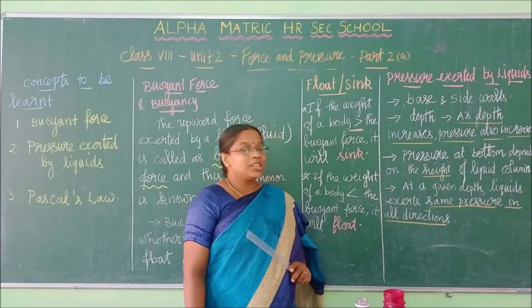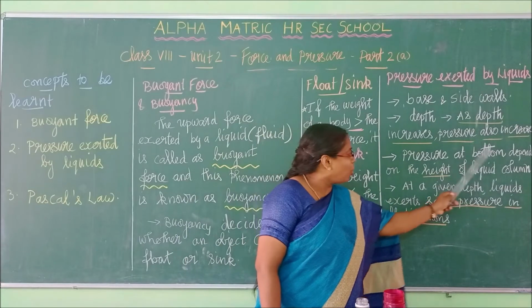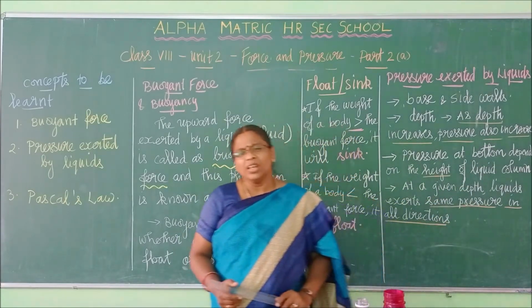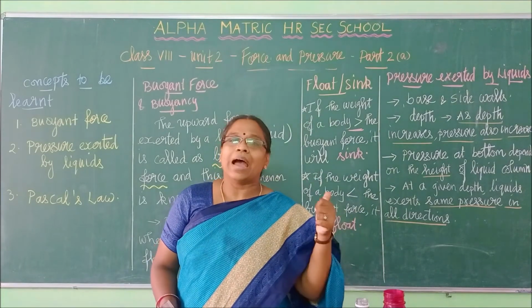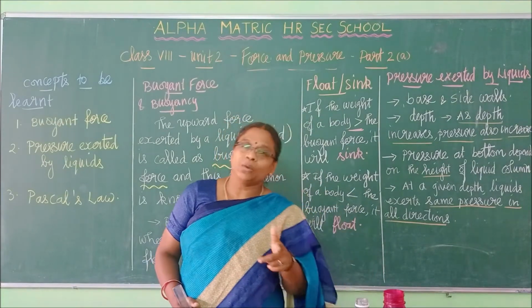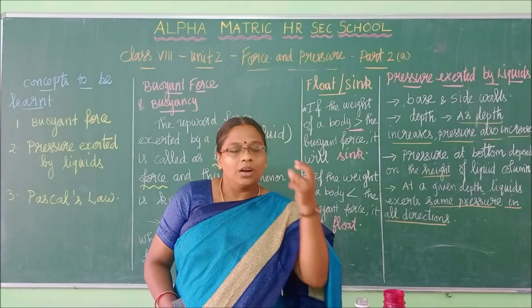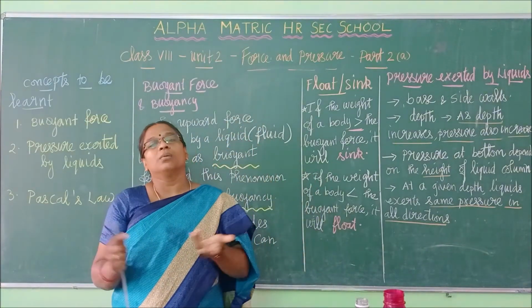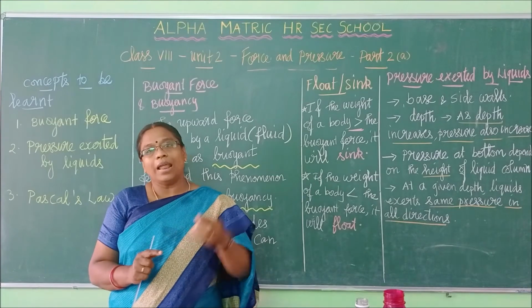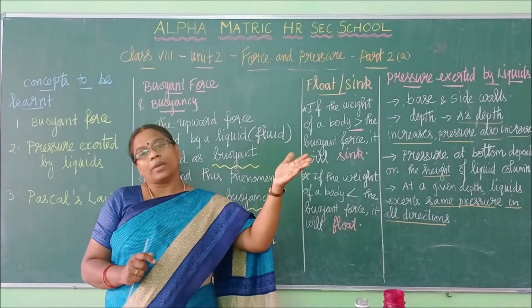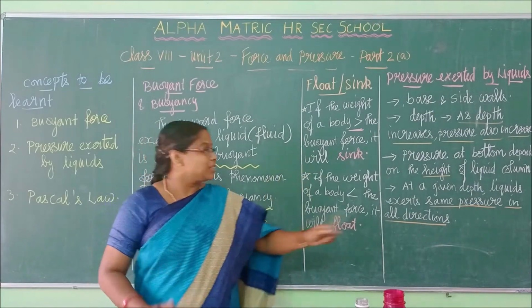Now next one is, pressure at the bottom depends on the height of the liquid column. This property I demonstrated in the part 1 video, children. I had taken a balloon and fixed it under the water bottle, and as I poured water, the balloon bulged up. You can watch that video and understand it.